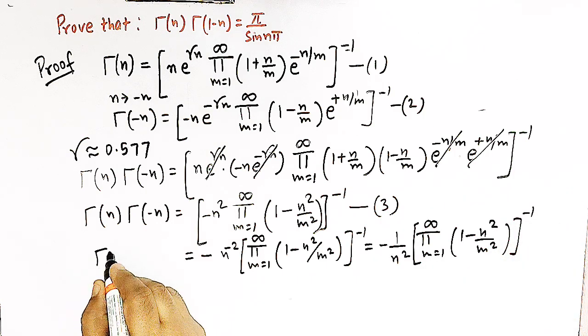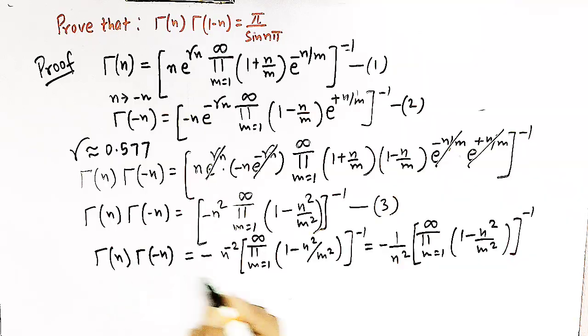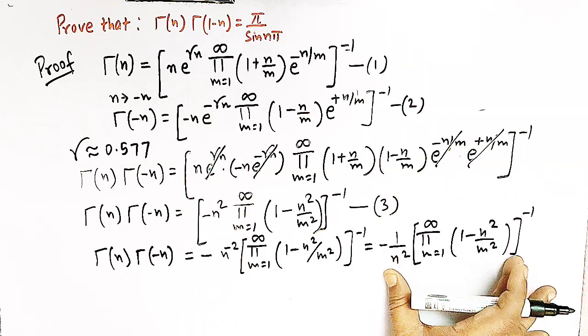So the product of Γ(n) with Γ(−n) is given by this expression.